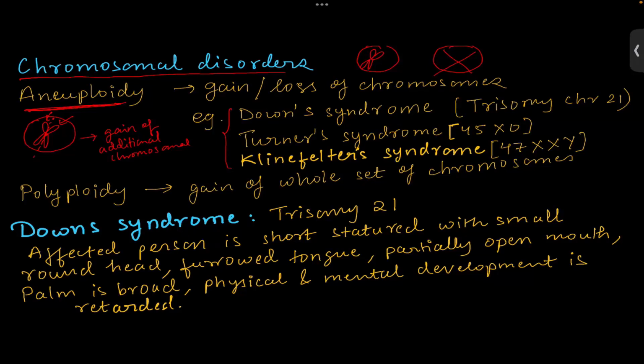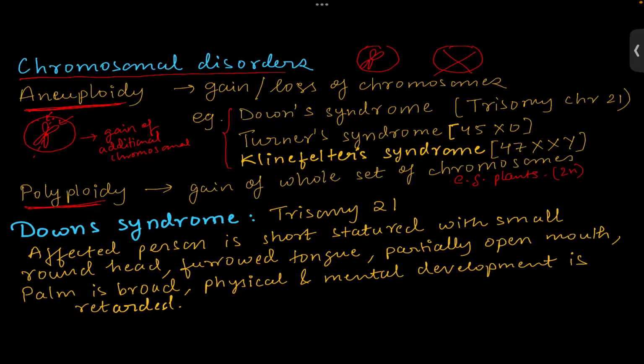Now, another event that can result in gain or loss of chromosomes is polyploidy, where a complete set of chromosomes is added. It usually happens in plants. So suppose in the normal case the plant is a diploid.